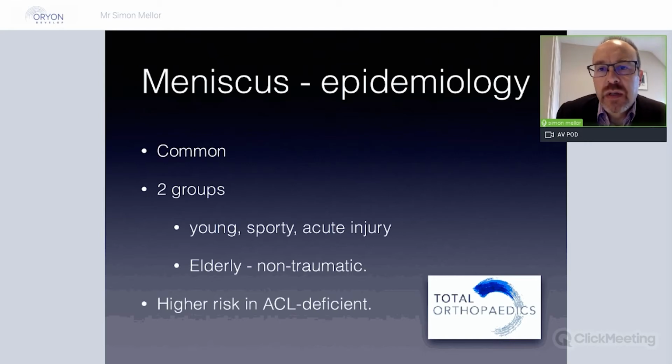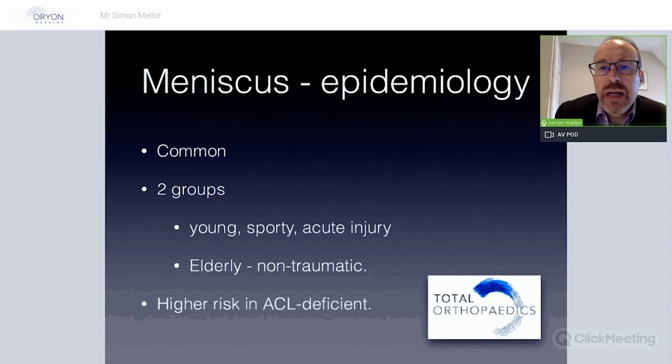And although this is not a hard and fast rule, it's quite easy to separate meniscal tears into two separate age-related subgroups. We tend to see torn cartilages in the sporty young population, and these tears are often as a result of an aggressive pivoting injury in what was otherwise normal meniscal tissue. And then in a separate subgroup, we see meniscal damage in people really above the age of about 40.